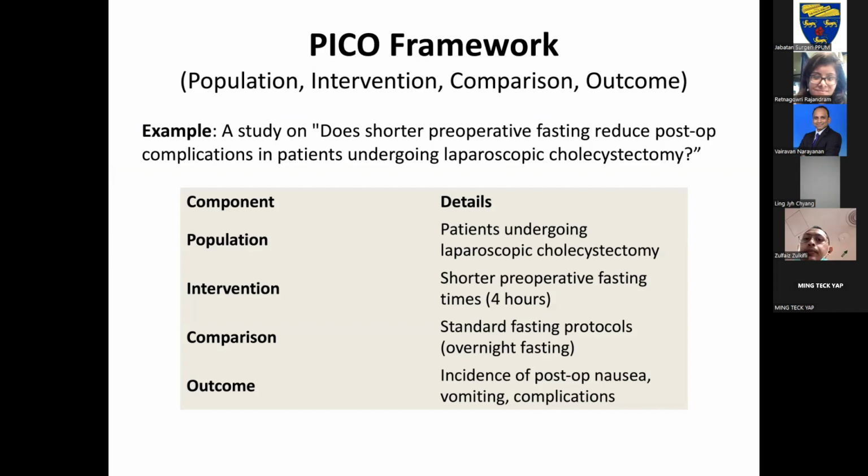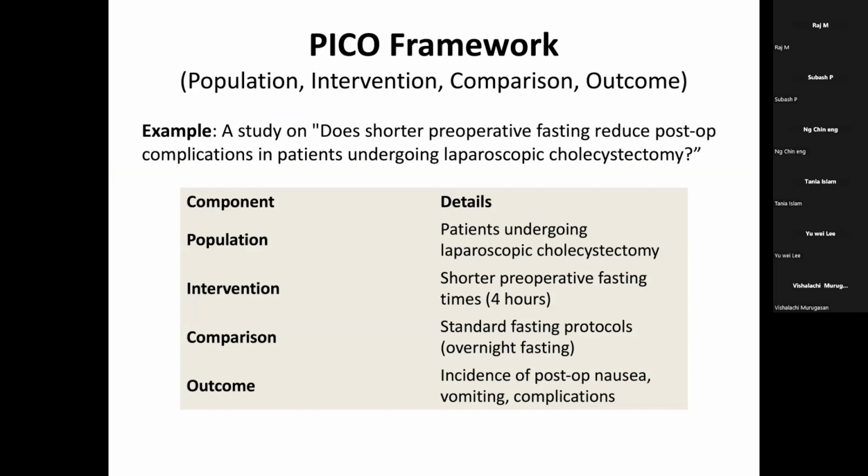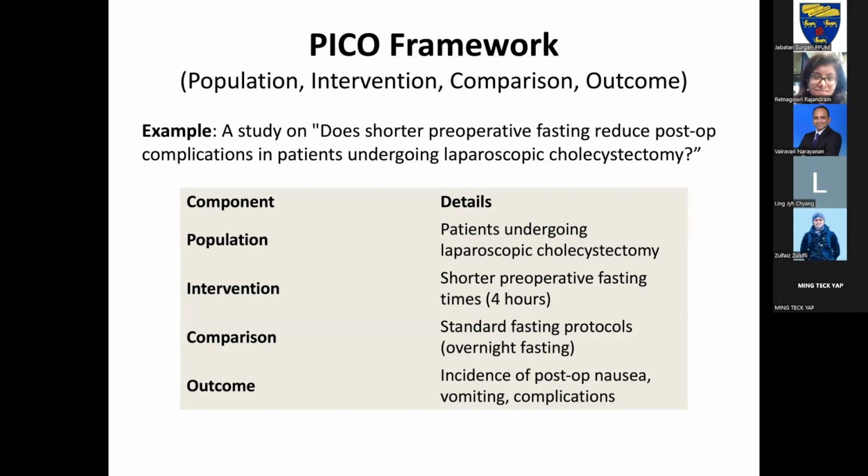You can use the FINER criteria for your research question, but how do you assess your methodology? So the methodology of any paper, you can assess with a PICO framework. A PICO framework consists of population, intervention, comparison, and outcome. Okay, and that methodology must be very clear.